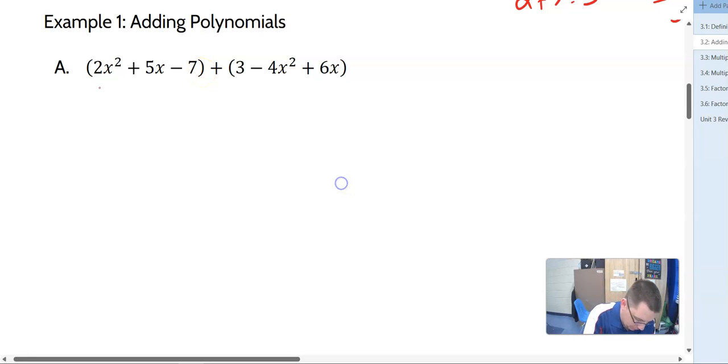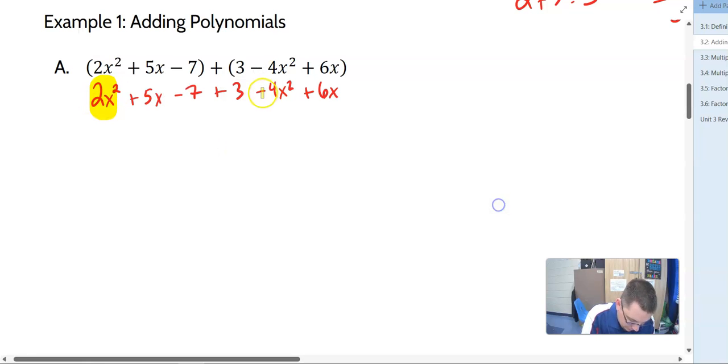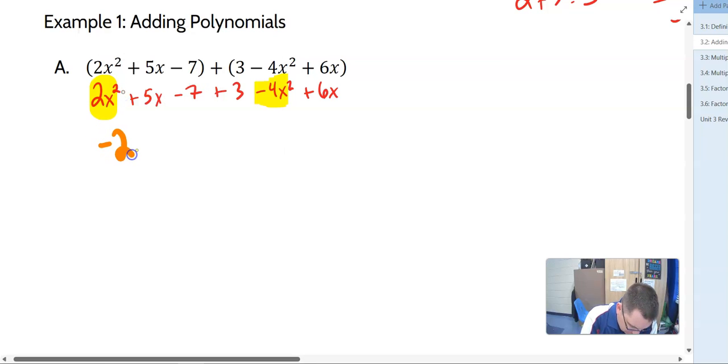We can actually drop all the parentheses and just go 2x squared plus 5x minus 7 plus 3 minus 4x squared plus 6x. And we're going to combine those like terms. So we have a 2x squared and a minus 4x squared. So 2 minus 4 is negative 2. And so we're going to get negative 2x squared.